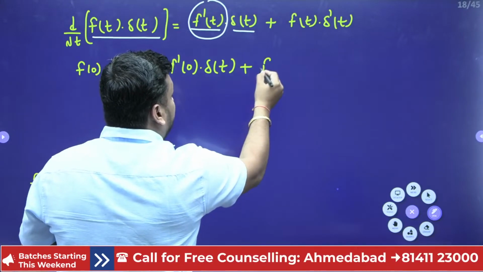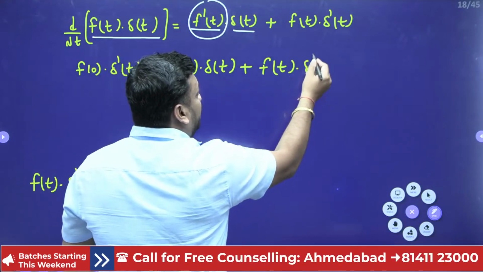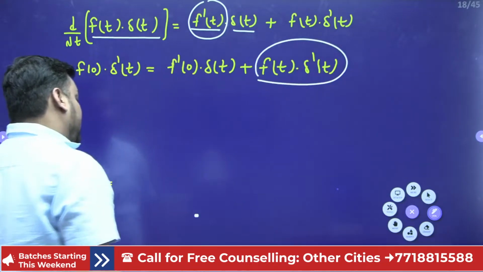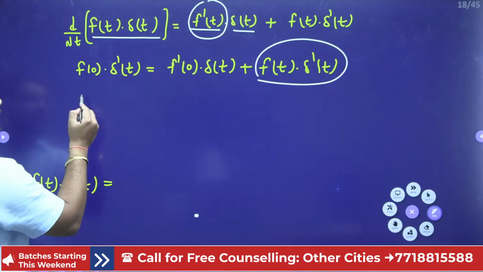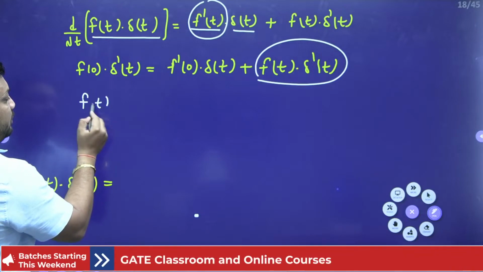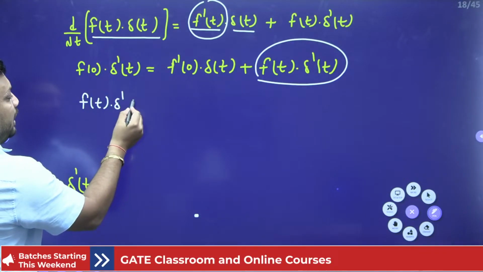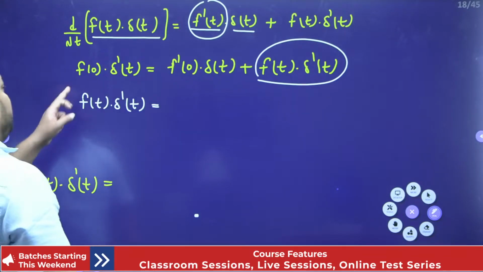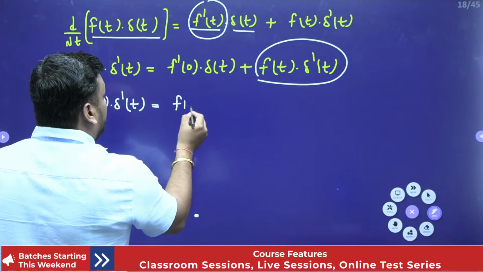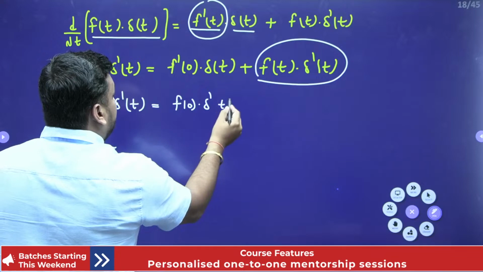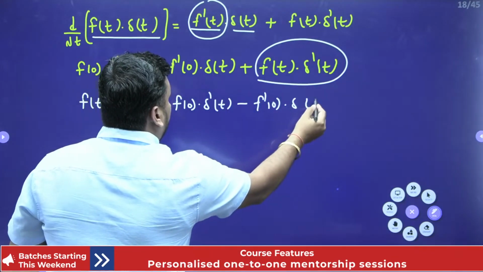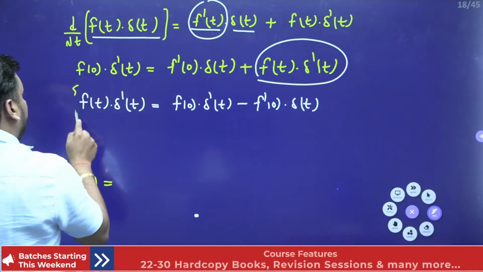This is the only term that I am looking for, f(t) times del dash t. I will arrange this on the left hand side: f(t) del dash t, and on the other side f(0) del dash t, minus f dash 0 del(t).